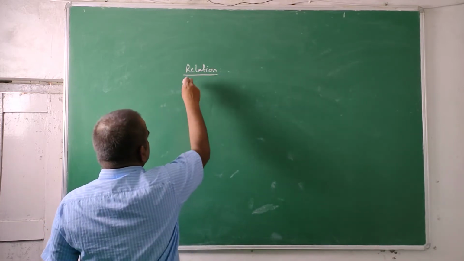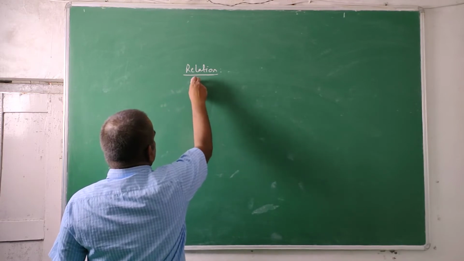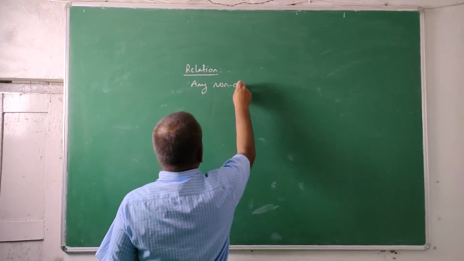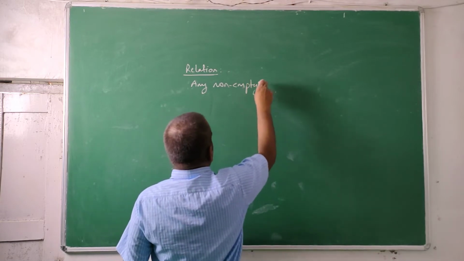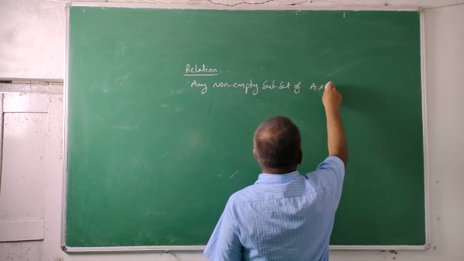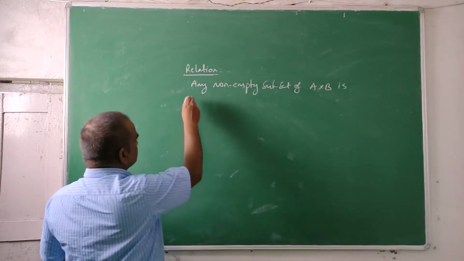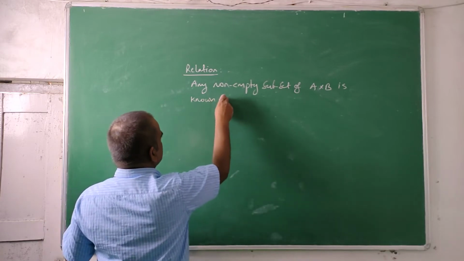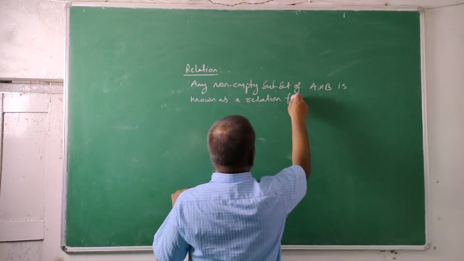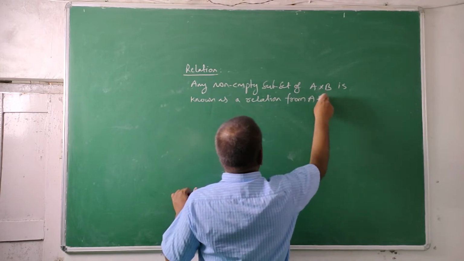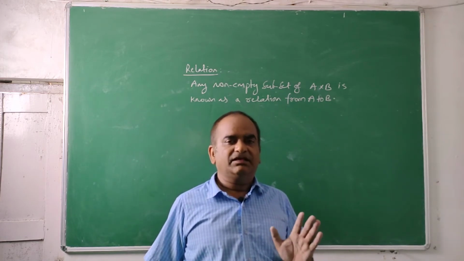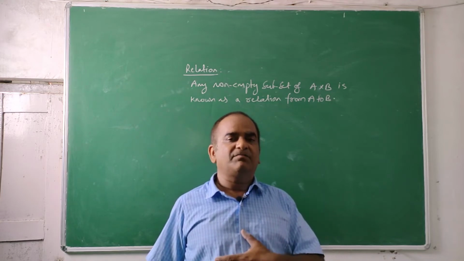The definition is: any non-empty subset of A cross B is known as a relation from A to B. Any non-empty subset of A cross B is known as a relation from A to B.